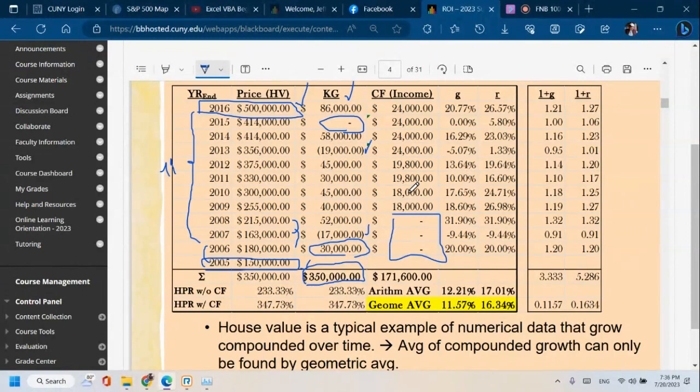So let's say you bought this house and you are primarily using it as your home, but from year 2009, you started to rent it out. And then rents come in annually, 18,000.